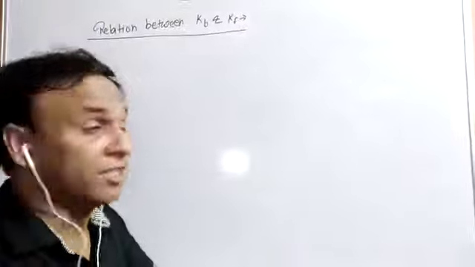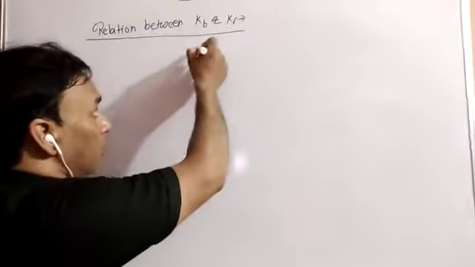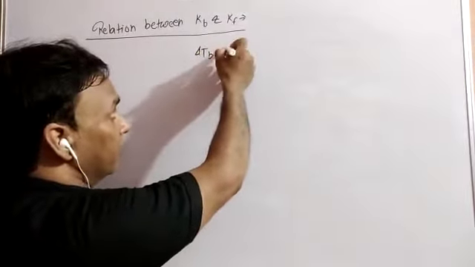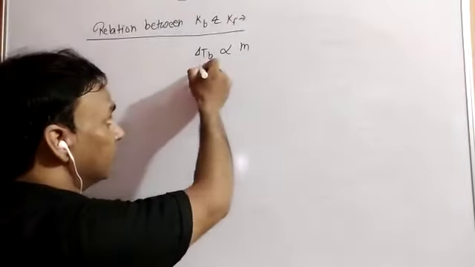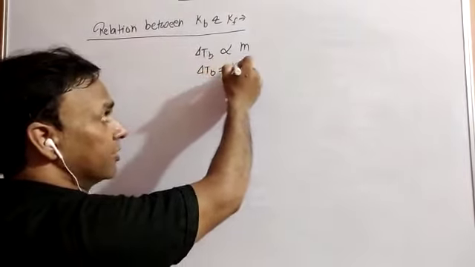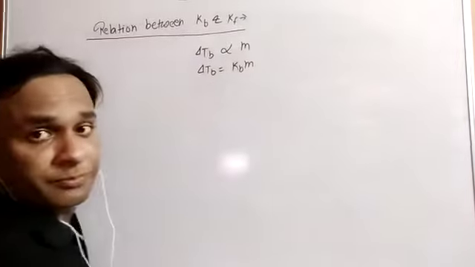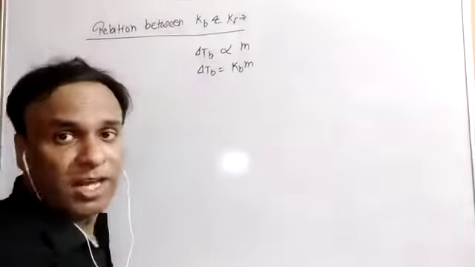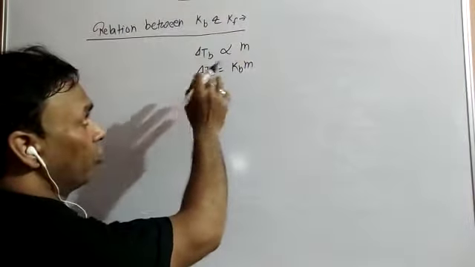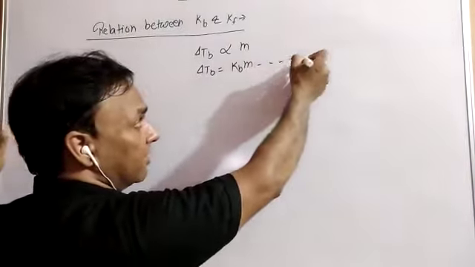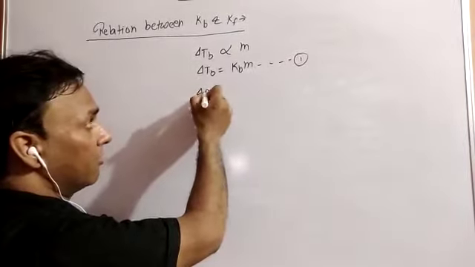How they are related to each other. Now delta Tb is directly proportional to molality. Everybody knows about it. Means delta Tb is equal to Kb into m, where m is the molality of the solution.